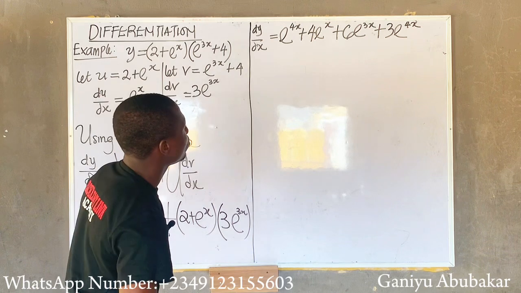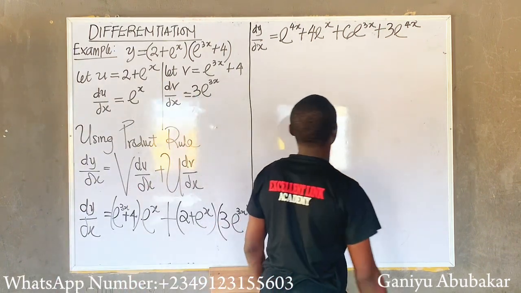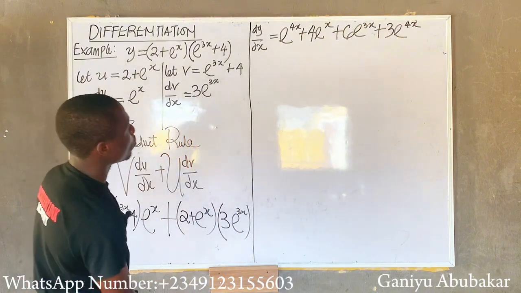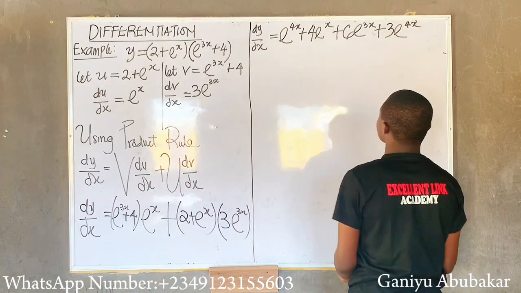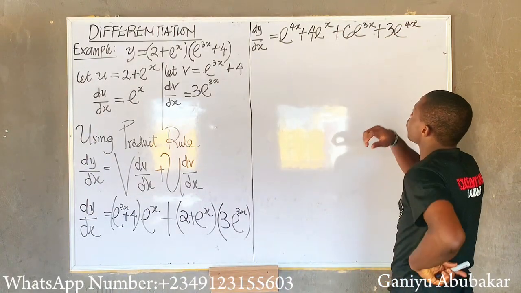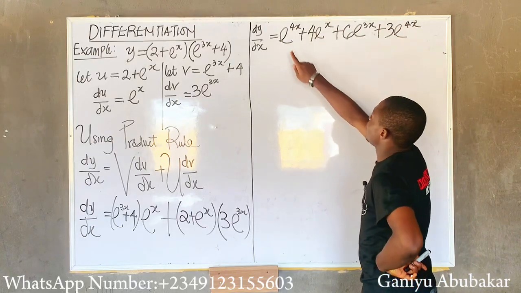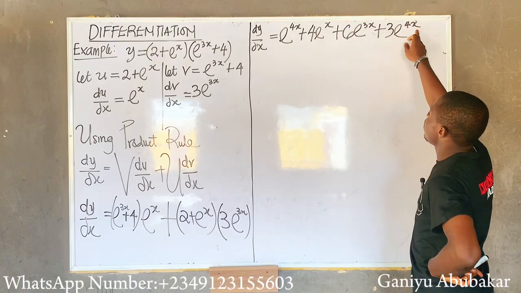Next up, what do you observe from here? If I want to, I can combine and create like terms. Exponential 4x plus 3 exponential 4x can combine.